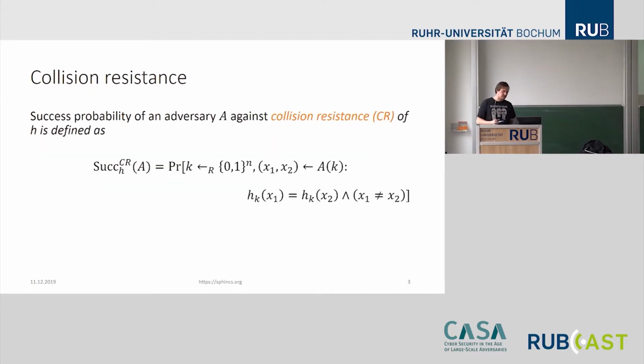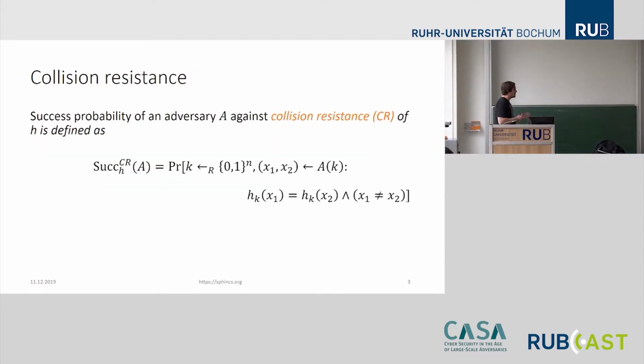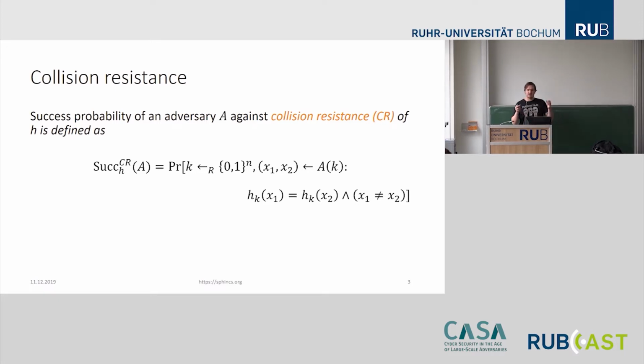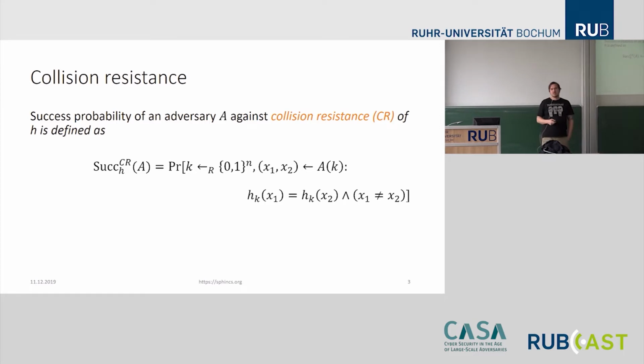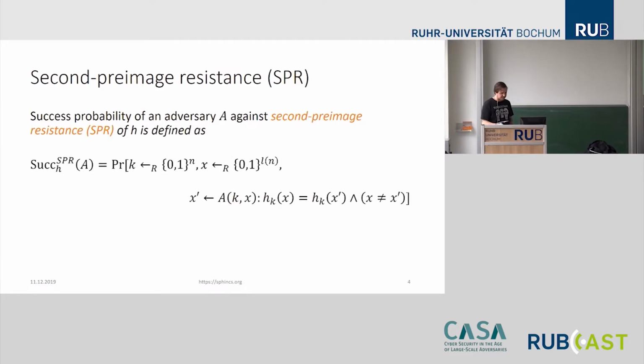From these functions, we want three main properties. Collision resistance says it is hard to find, given the description of the function, two inputs that lead to the same output value, where of course giving two times the same value is forbidden, because that would be uninteresting and easy.